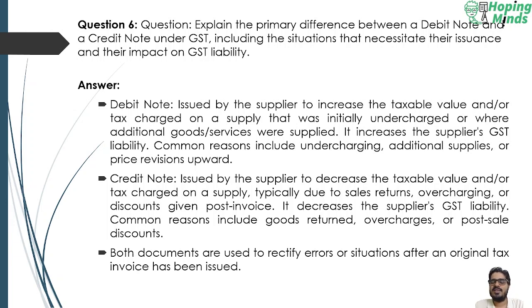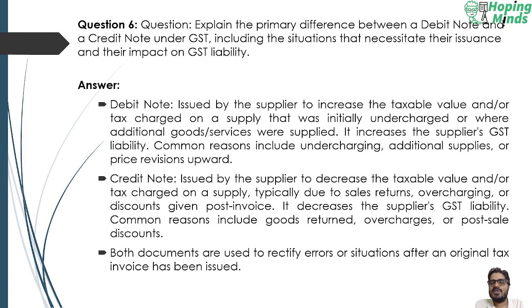So in this case, the supplier will raise a credit note for rupees 20 and any GST on this rupees 20 will also be reversed, and hence the liability on such amount of return will be reduced.